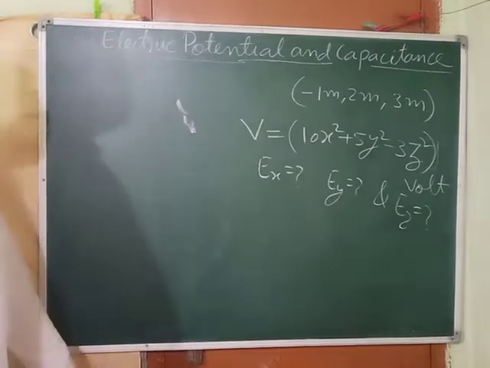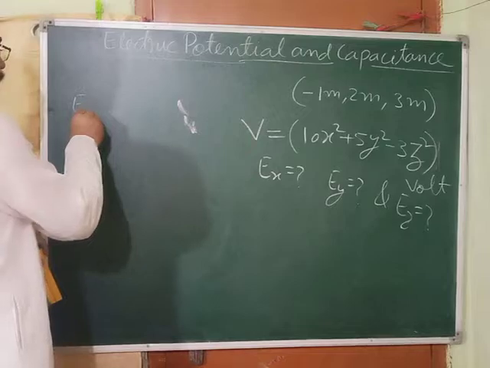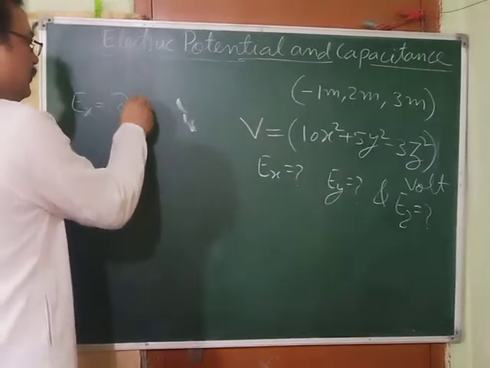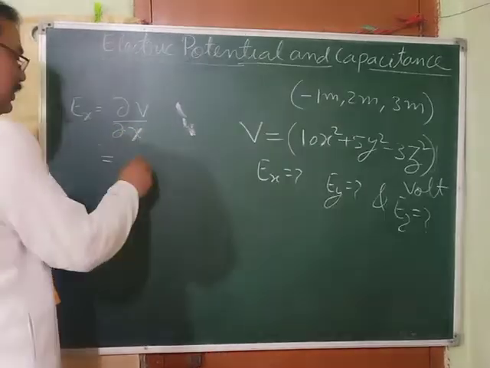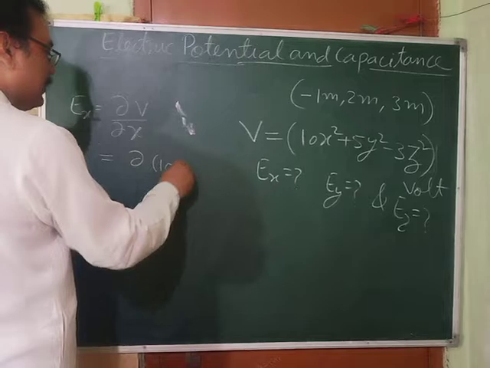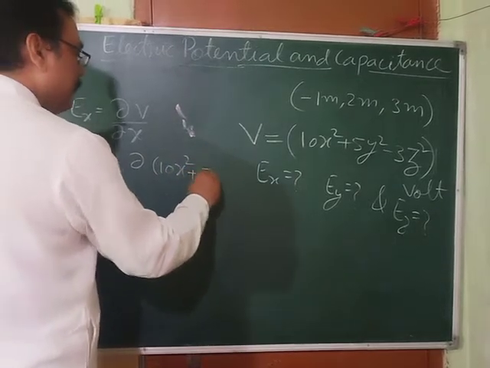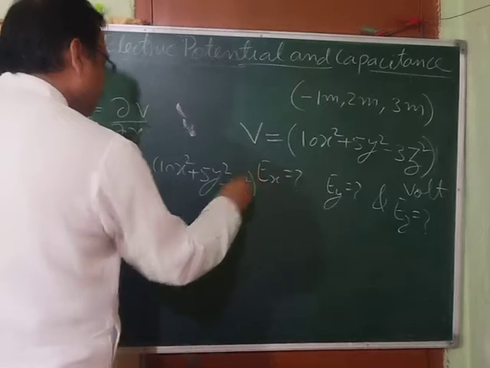Okay. Now see what we have to do. We know that Ex is minus dV by dx, like this. Now see here, I'm going to put here the value of V. That is 10x square plus 5y square minus 3z square. Okay.